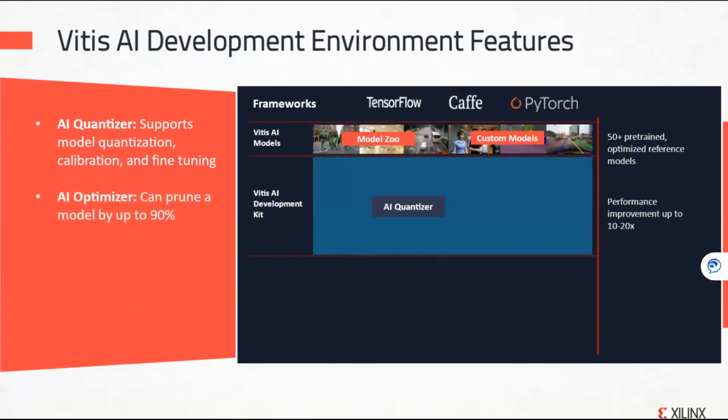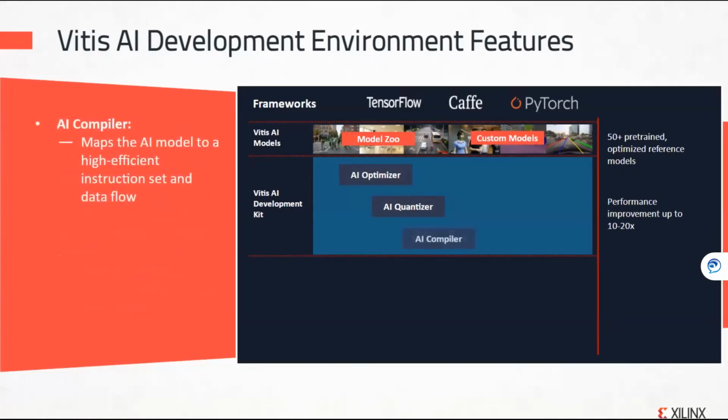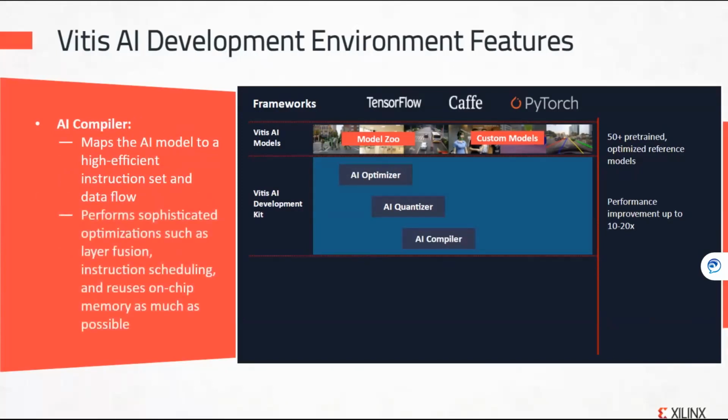For advanced users, Xilinx also offers an optional AI optimizer that can prune a model by up to 90%. An AI compiler that maps the AI model to a high-efficiency instruction set and data flow. It also performs sophisticated optimizations such as layer fusion, instruction scheduling, and reuses on-chip memory as much as possible.